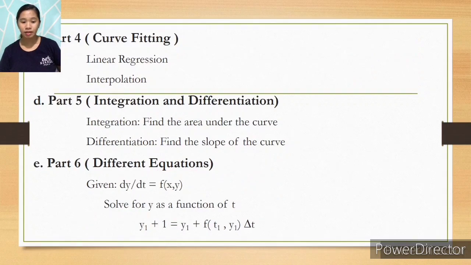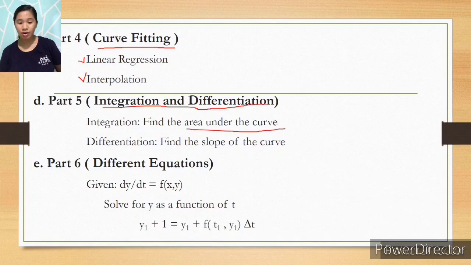Next, we have Part 4, which is curve fitting, which includes linear regression and interpolation. Part 5 is integration and differentiation. Integration is to find the area under the curve, and differentiation is to find the slope of the curve.